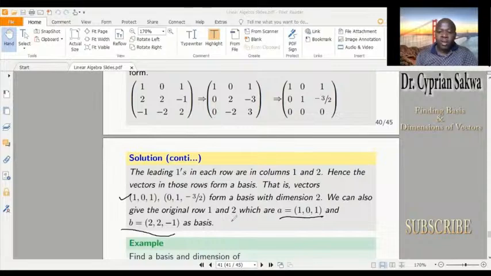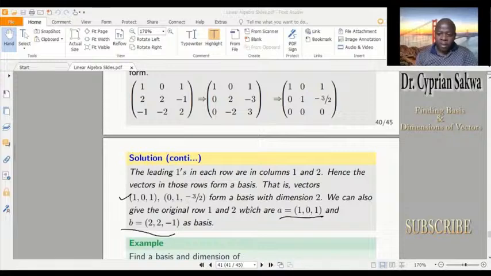So if I were to arrange elements in row form, there are two ways I can write the basis for this vector space. I can just take the non-zero rows. The non-zero rows become a basis, the way I've done here. This row and this row become a basis. Or I can take the original rows, the original row 1 and the original row 2, to form a basis.